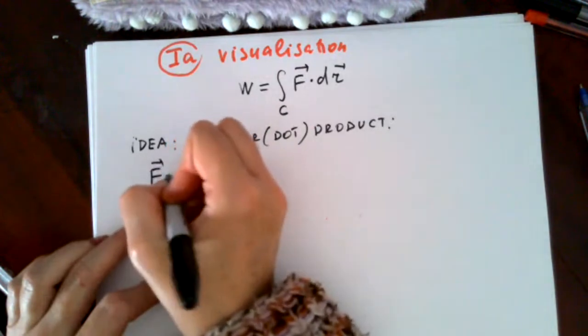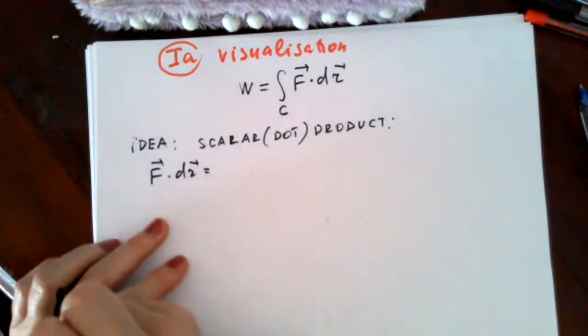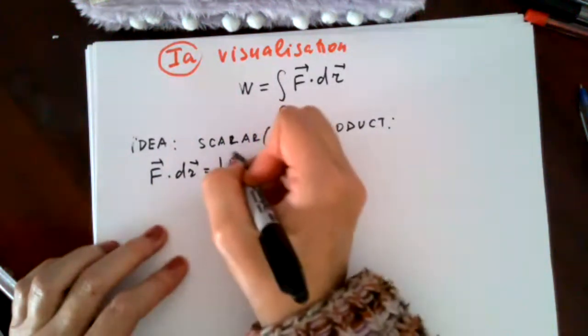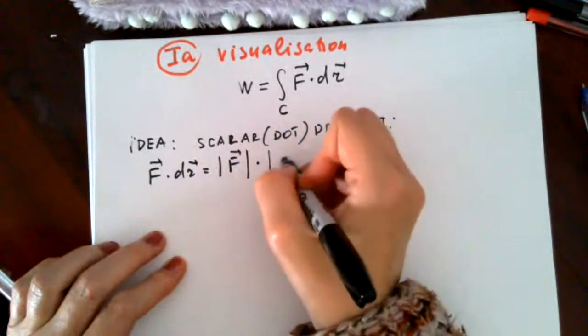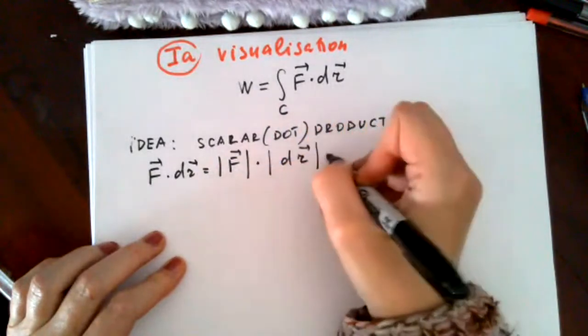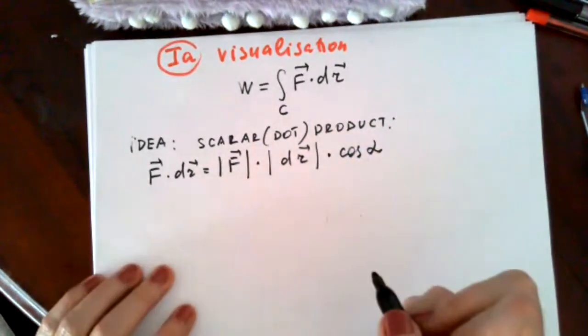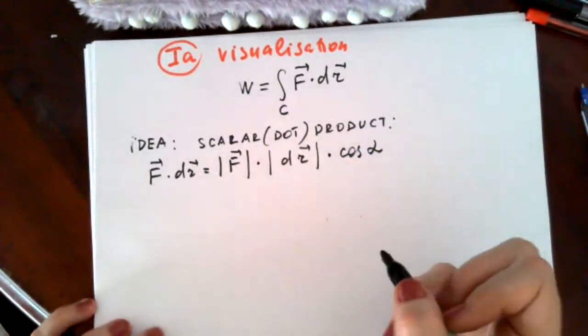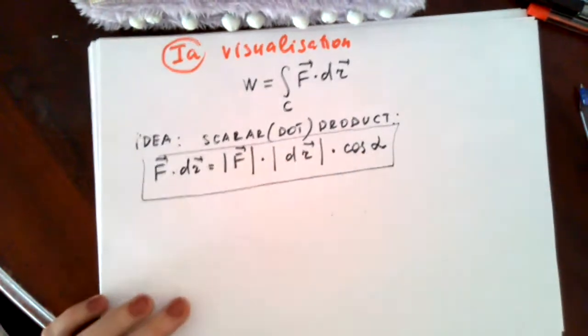F times dr, the scalar dot product, according to the definition, is equal to the magnitude of the first vector F, times the magnitude or the length of the second vector, times cosine of alpha, where alpha is the angle between these two vectors. So this is the definition of scalar product.